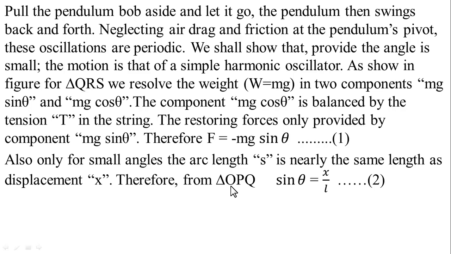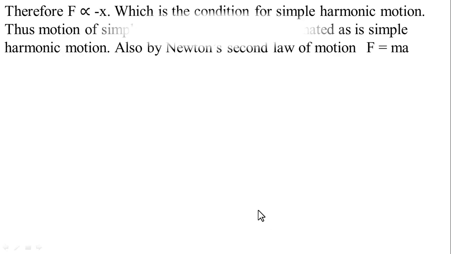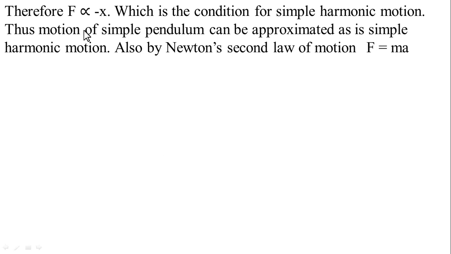So, from the triangle OPQ, sin theta is equal to x over L. Putting the value of sin theta in the above equation, we have force F equal to minus mg x over L. Since the mass m, acceleration due to gravity g and length L are constant for a simple pendulum oscillating with a small angle, force F is directly proportional to minus x, its displacement, which is the condition of simple harmonic motion.